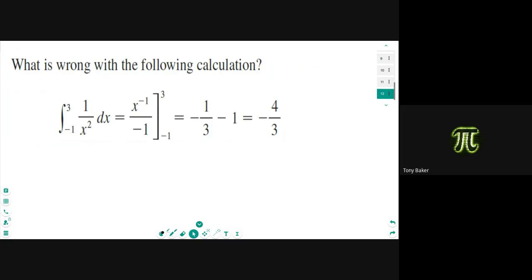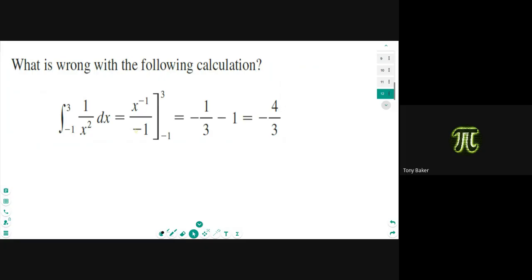All right, find me the mistake. The integral of 1 over x squared is 1 over x.